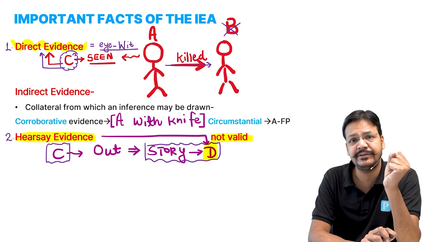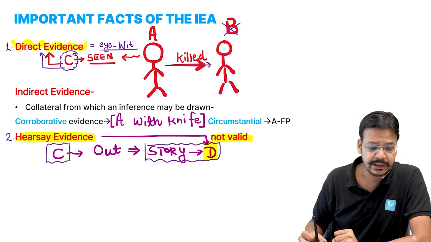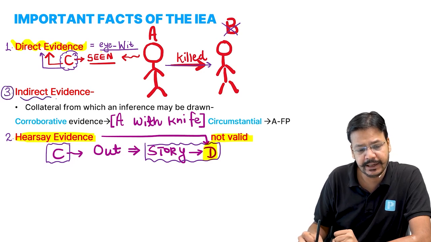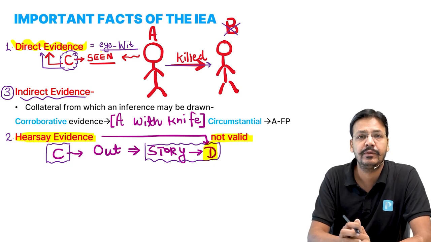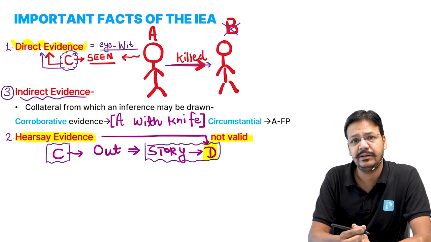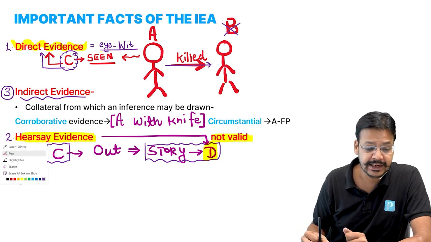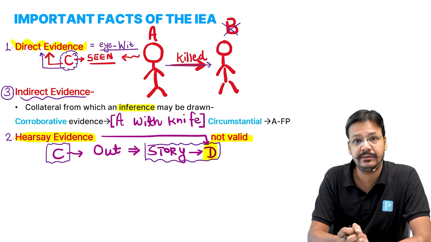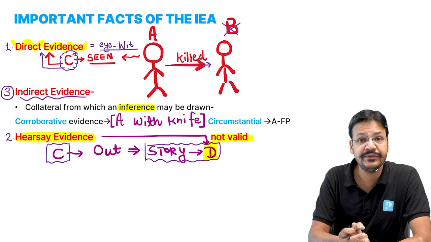Now, sir, third, we are coming to a very, very important one: indirect evidence. What is indirect evidence? You take inference from the collaterals.